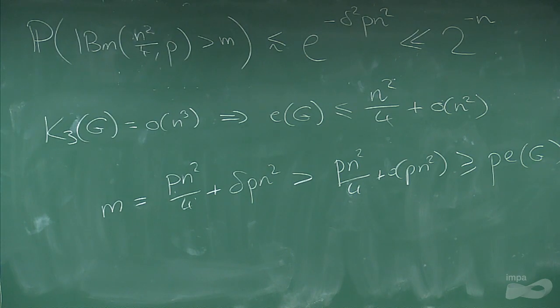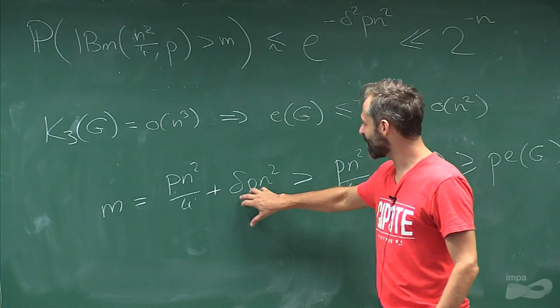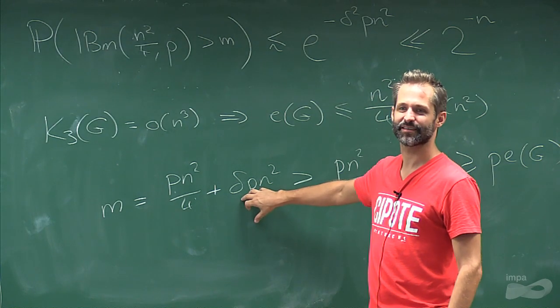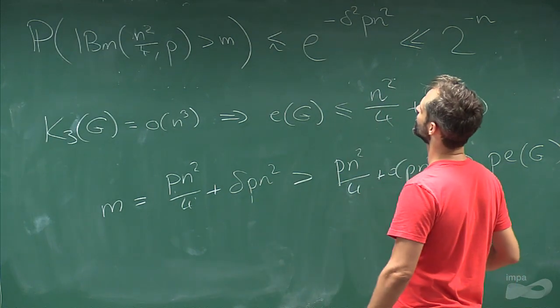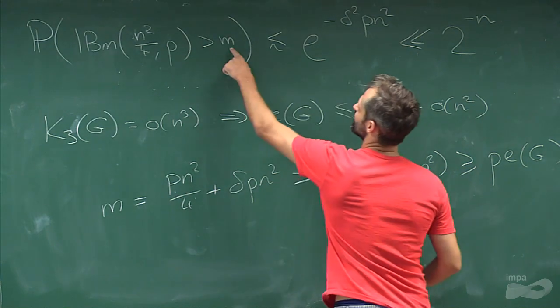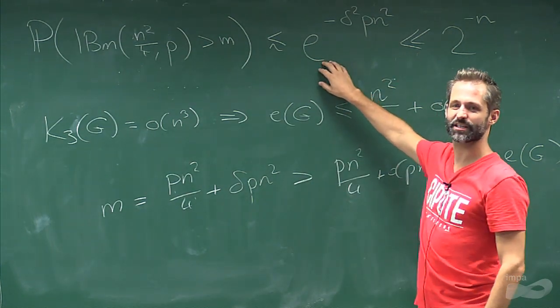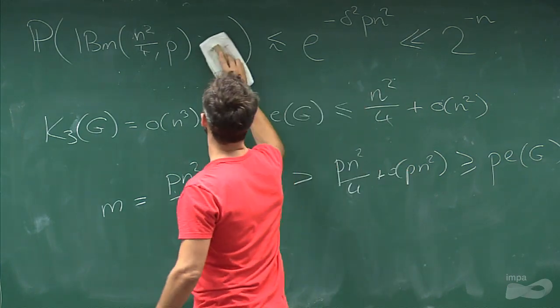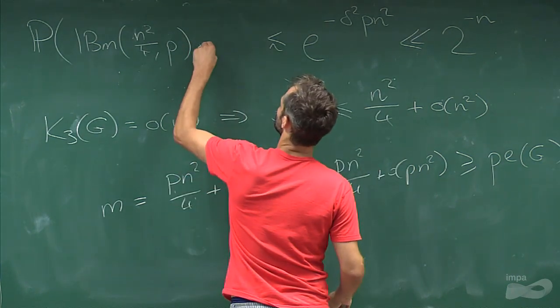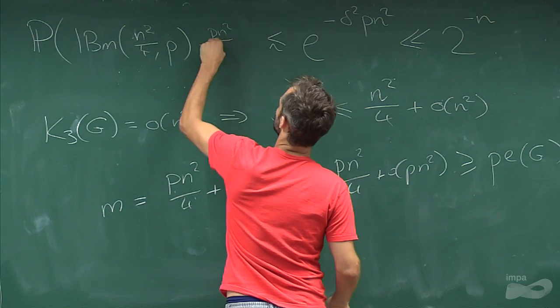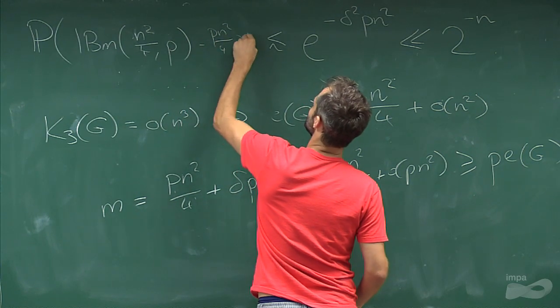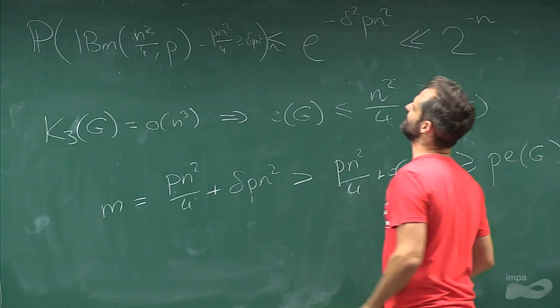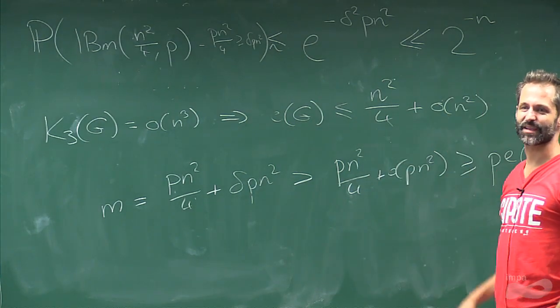More to the point, it's not just bigger, it's bigger by about delta Pn squared. So up here, we have exactly this inequality. Pn squared over 4 is at least delta Pn squared. That's what Chernoff gives us.